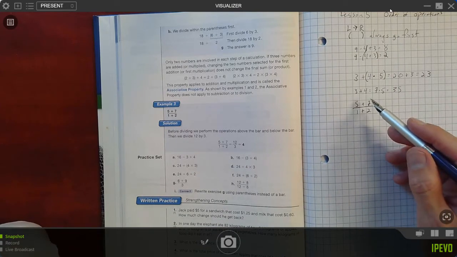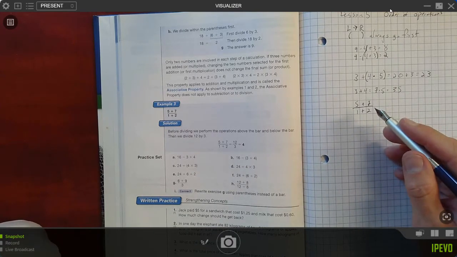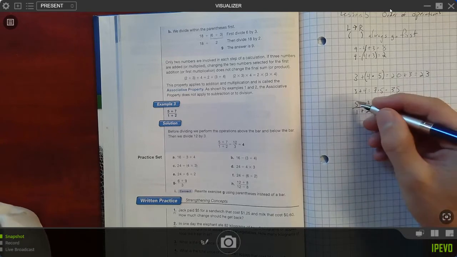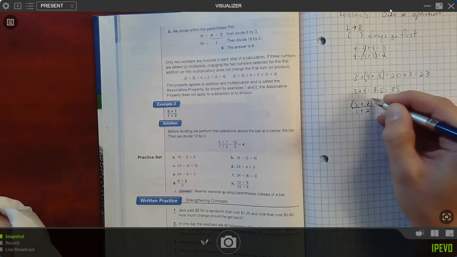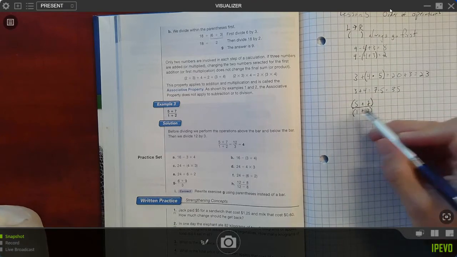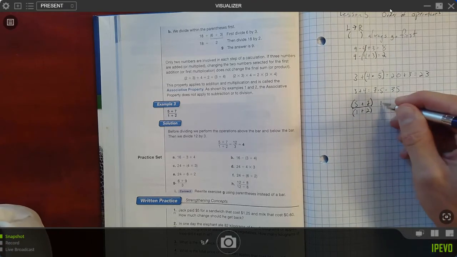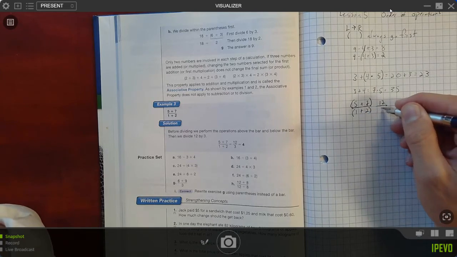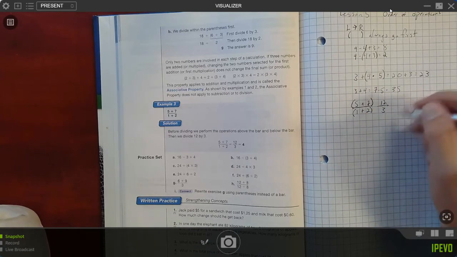And the reason why you're not going to try and do division when it looks like this is because how the heck would you even start that, right? It would be very confusing. So this bar essentially adds these invisible parentheses. Okay, you have to do 5 plus 7 first, which gives you 12, and then you do the 1 plus 2, which gets you 3. Okay, and then you can do this math here.